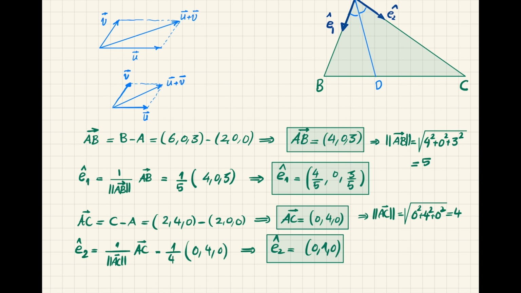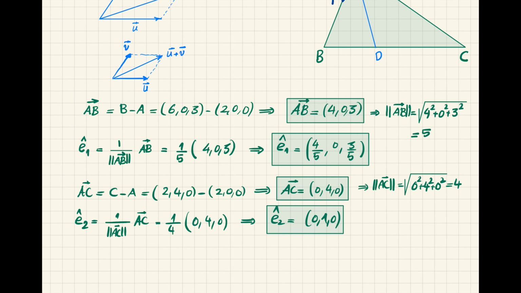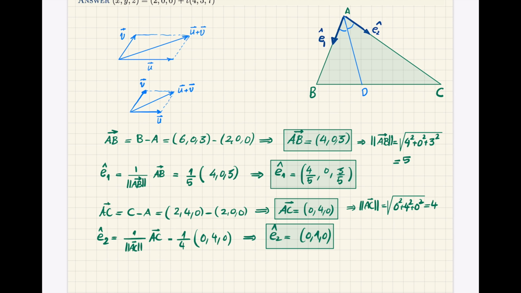Okay, and now what I do, if I add them here, this vector that I construct in this case, because this becomes a rhombus, E1 plus E2 will play the role of the direction vector for this line that I am looking for.